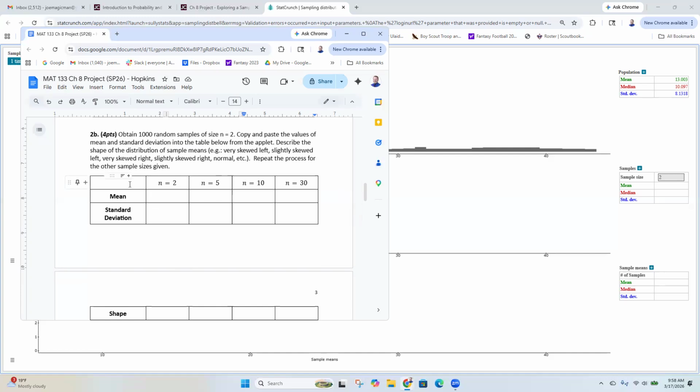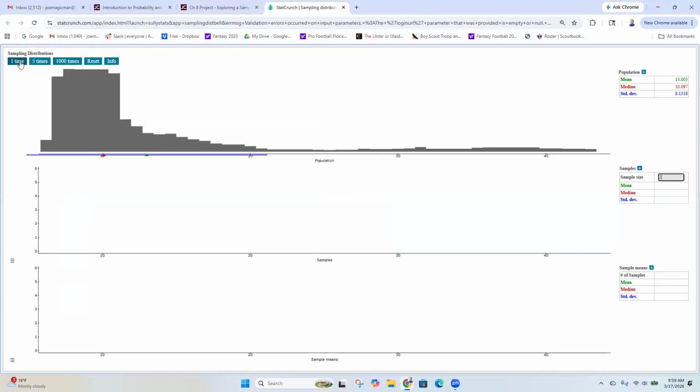Repeat the process. It's the exact same thing that we did for part 1. But I want to pause here for a second and hear some guesses. If I do these means with size 2, each time I take a sample, I do the average, and the average is the number right in the middle. That's why the green dot landed here.